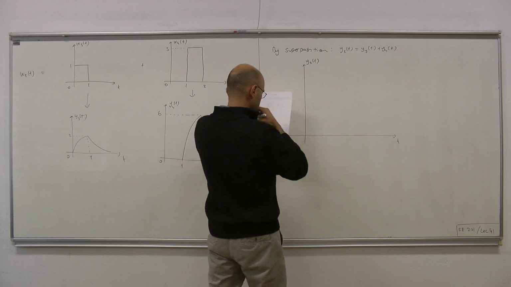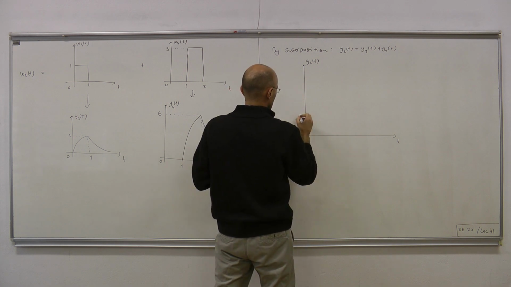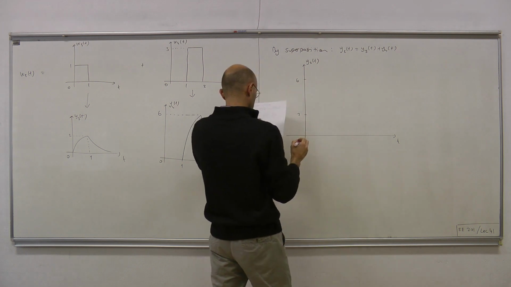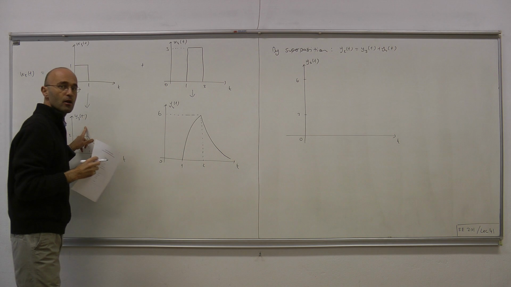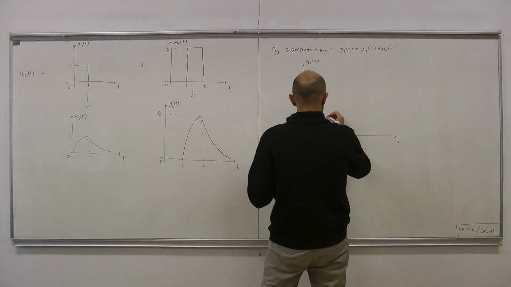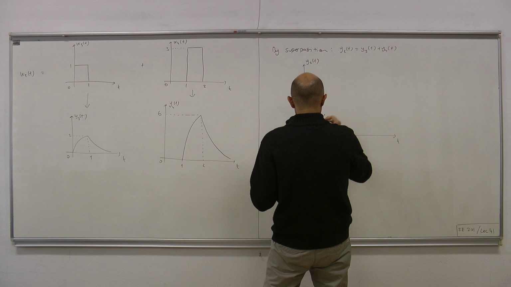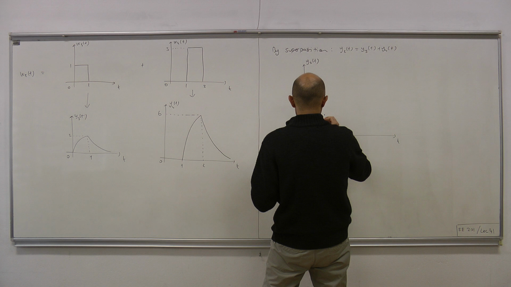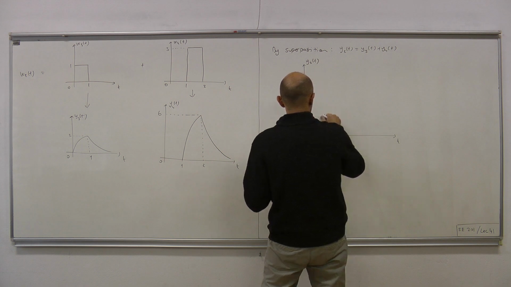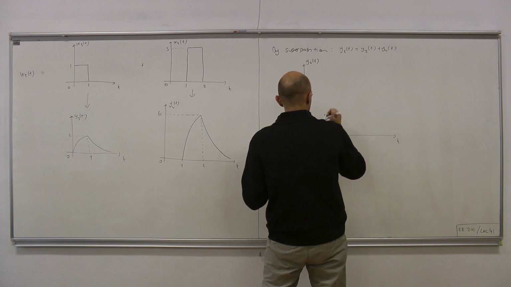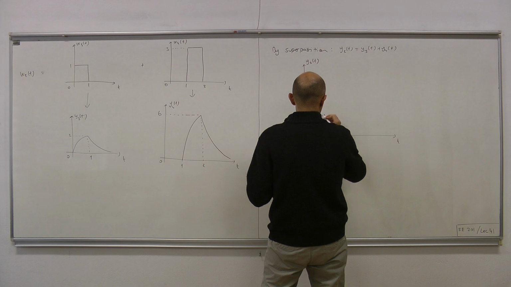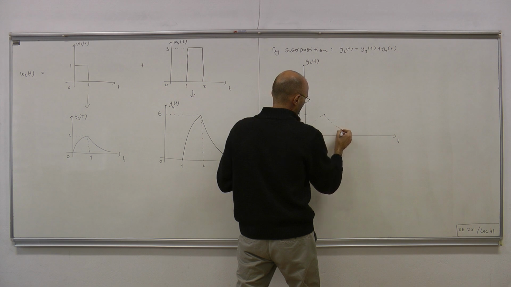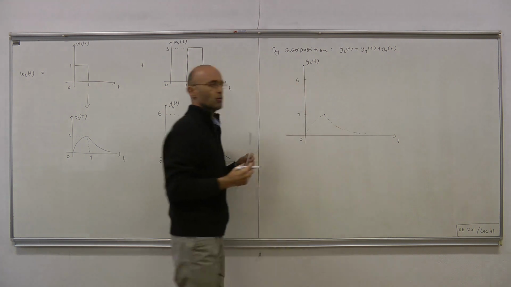So we have 6. This is 0. So we have Y3 of t. Then it decays towards 0.